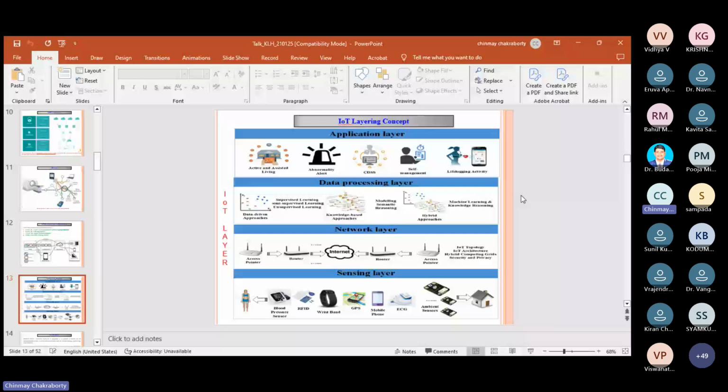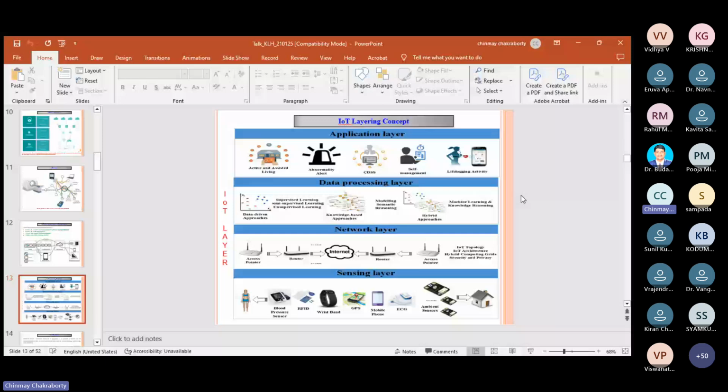Here supervised and unsupervised learning, knowledge-based approaches, and data-driven approaches can be used. For disease-centric information, such as malaria spreading and COVID, this is the predictive model. It belongs to the data processing layer, and above it is the application layer.